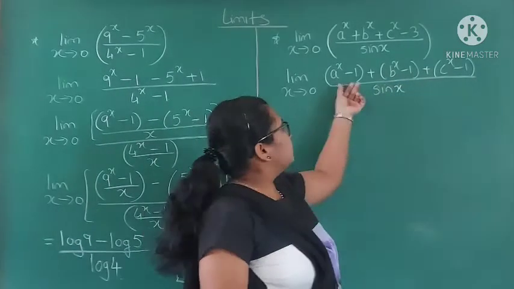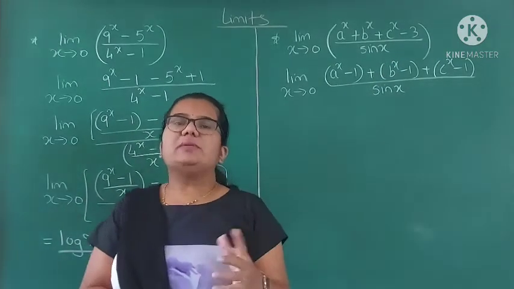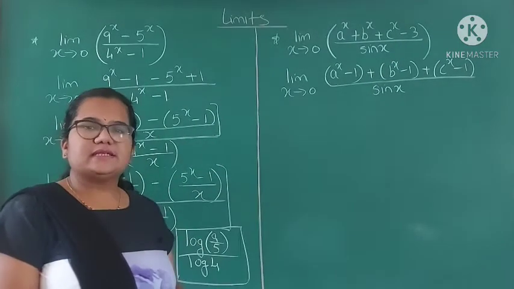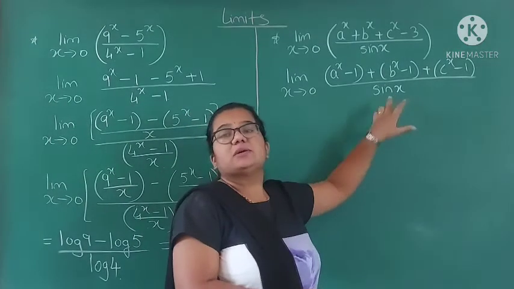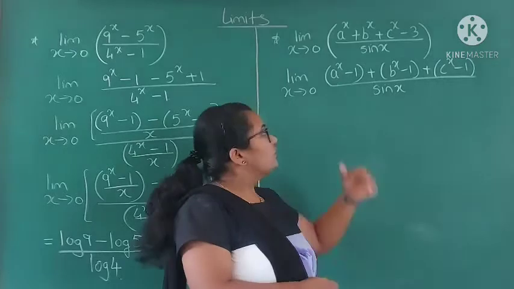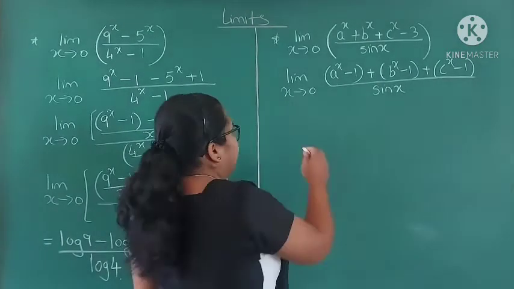Right? So minus 1 three times is minus 3. Now what will be our next step? We require x in the denominator. Same way, limit as x tends to 0, sin x upon x is 1. So we will divide numerator as well as denominator by x.